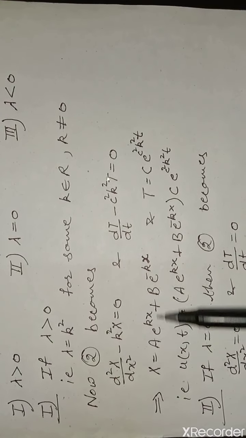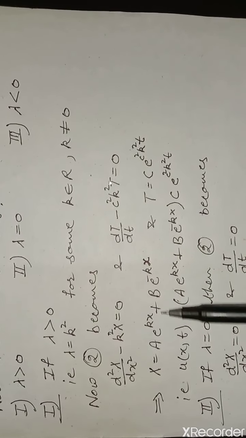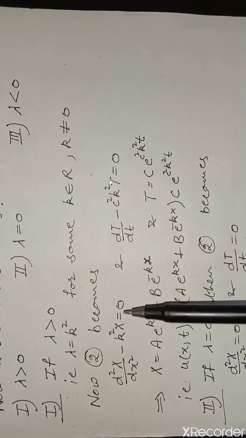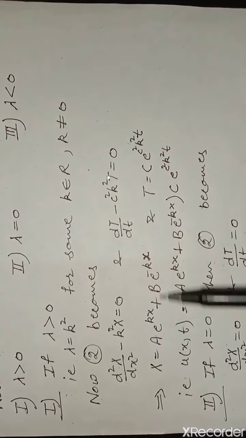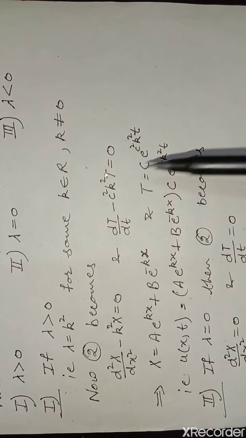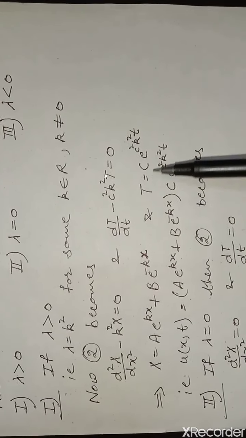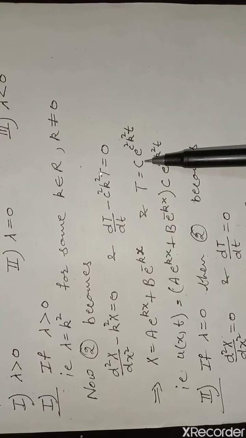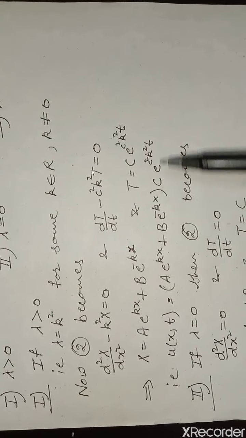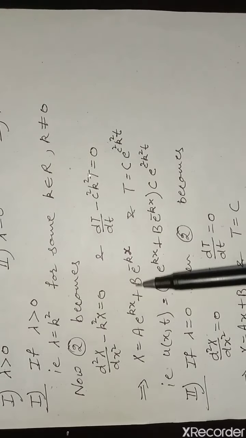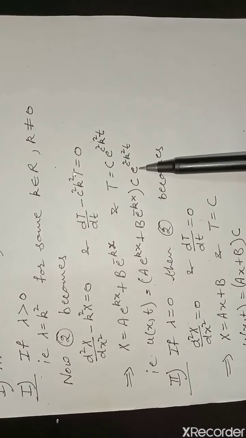So this is the complementary function, and the right hand side is 0, so the particular integral is 0. So X is only this, and this is the value of T, and u is the product of X and T.